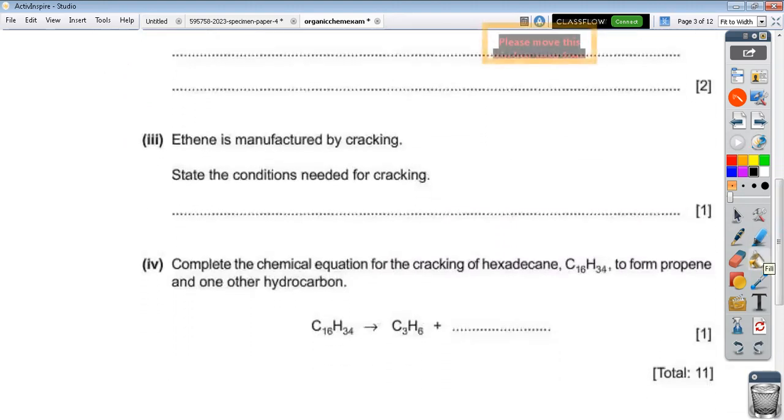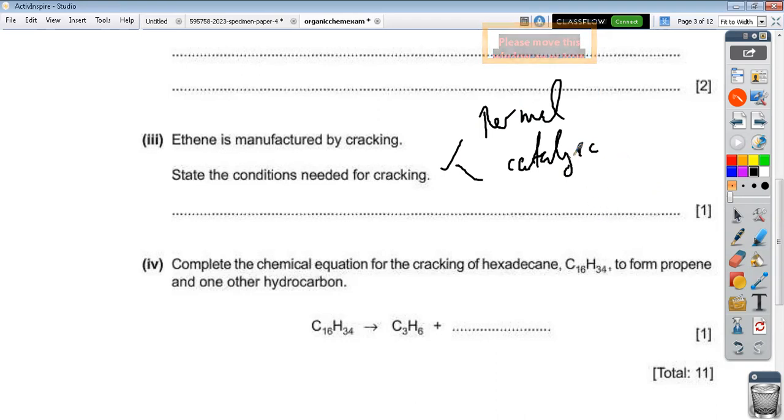Now, ethene is manufactured by cracking. State the 2 conditions needed for cracking. By the way, there are 2 types of cracking: thermal cracking, which you do more in A level, and catalytic cracking.